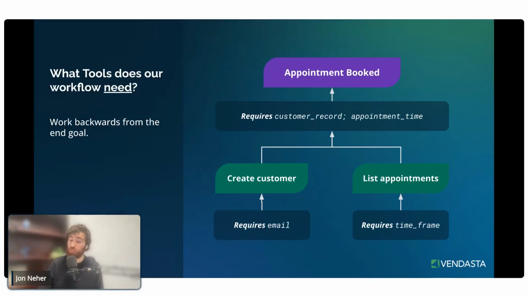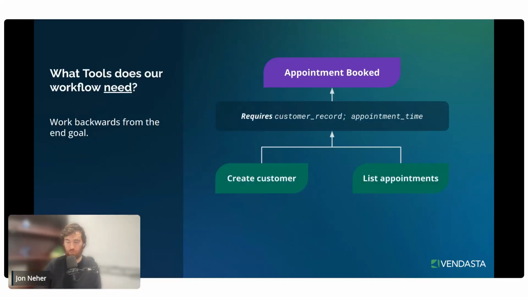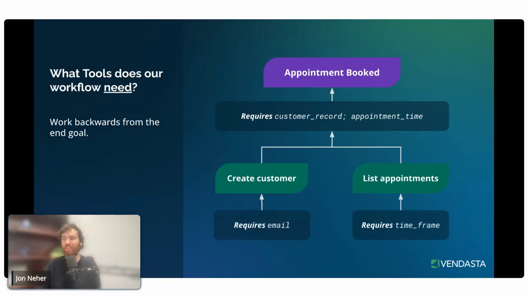So you're going to start all the way back with this end in mind and continue moving back through the requirements using the API documentation until you get to something like email or time frame, where that's actually up to the user in this interaction to provide.